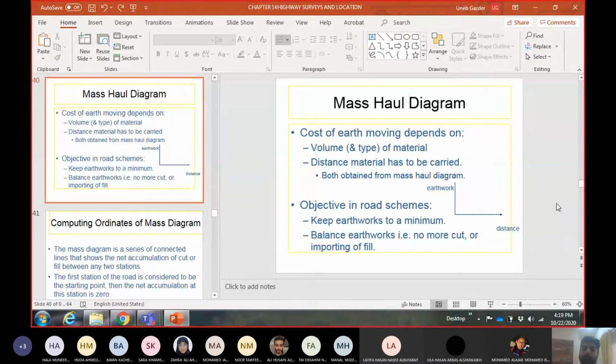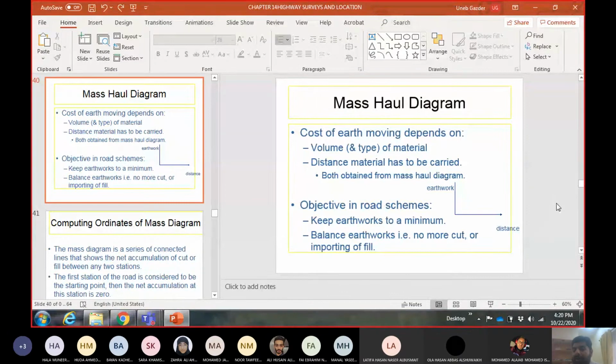The cost can change according to the type of material if that material is either extremely soft or extremely hard, which is very rare in most areas. For example, there is a specific type of soil which you will find in Bahrain. In Saudi Arabia I heard the name Sabkha soil, and I think it is found in Bahrain as well.